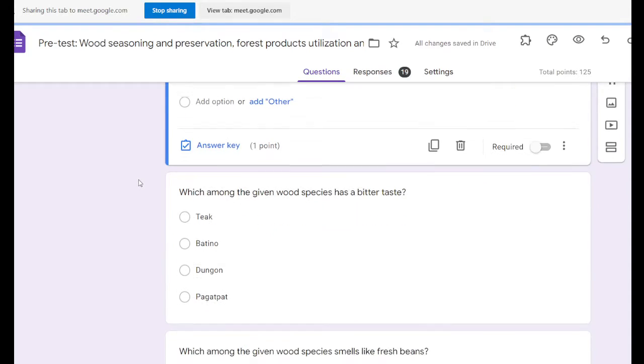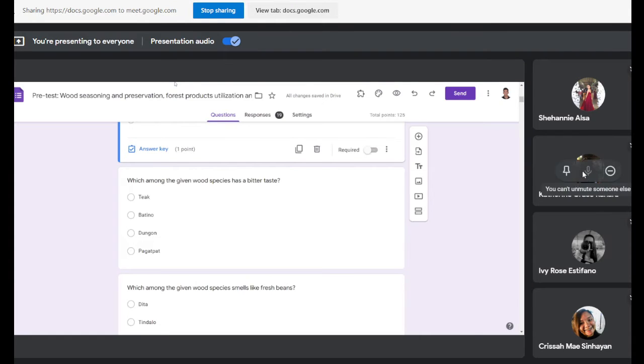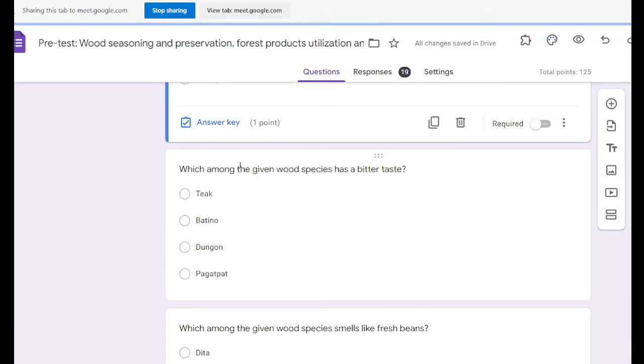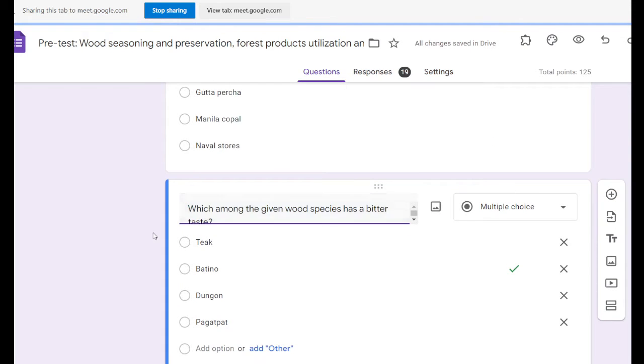Okay? Next, which among the given wood species has bitter taste? Catherine, Ranara. Batino, sir. Yes, that's correct. That's Batino.